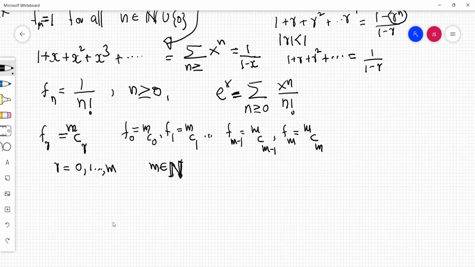Yes, what is it? Can you remember it? It's a very familiar one: (1 plus x) to the power n. Binomial, right?